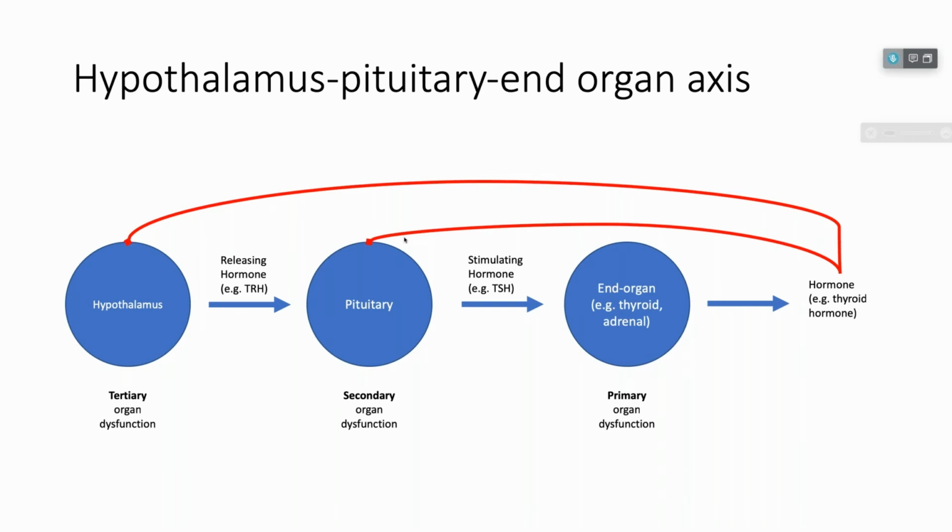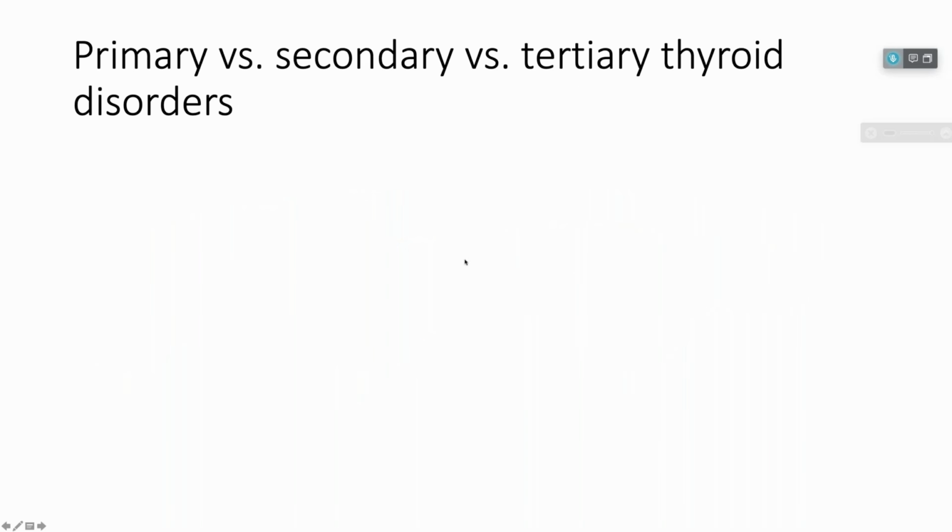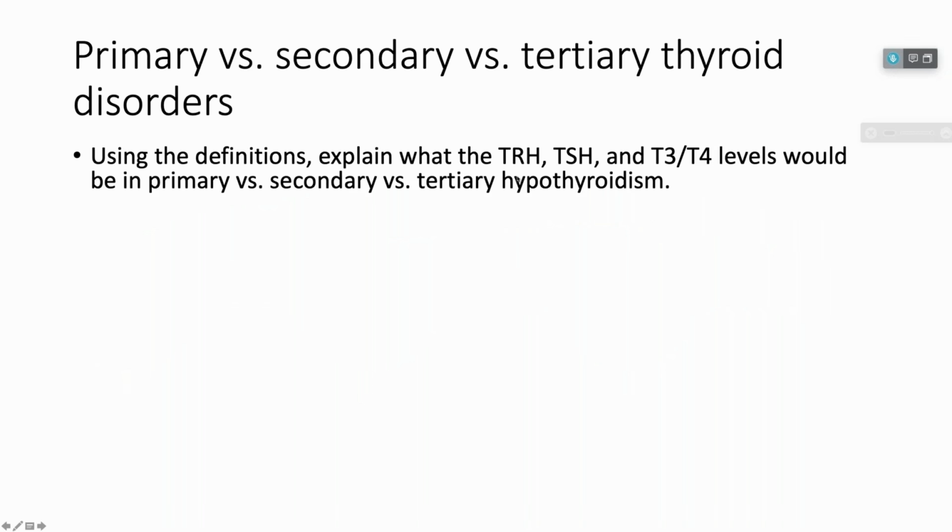Because you're making less T3 and T4, so you are disinhibiting the hypothalamus. Exactly, because normally T3, T4 inhibits the hypothalamus. If I have less T3, T4, I will cause less inhibition of the hypothalamus, which means I will produce more TRH. Cool? Does that make sense? Okay. I should have done a better job of explaining that.